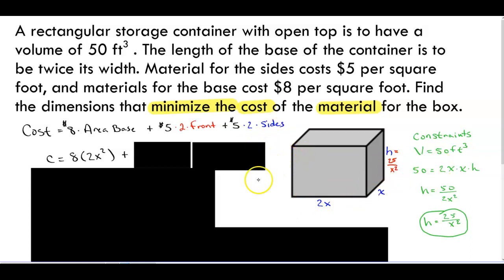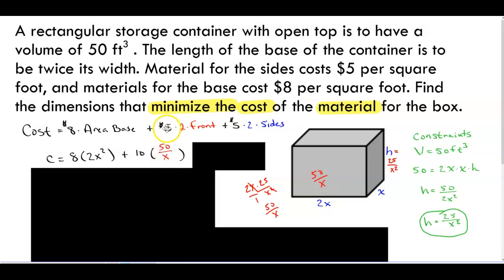And if you wanted to write that out quick, 2x times 50 over x squared. Notice the x squared is going to go away, and I'm left with 2 times 50 over x, or 100 over x. That would be the area of the front side, right?